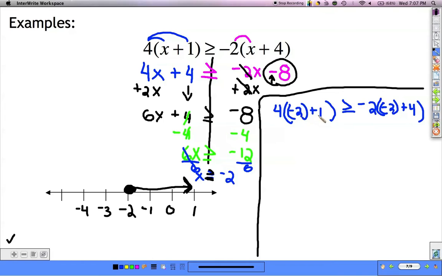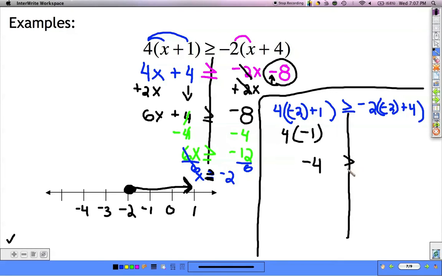I want to simplify the left-hand side first. Negative 2 plus 1 is going to give me just a negative 1. And I have 4 times negative 1 now, which is going to give me a negative 4.